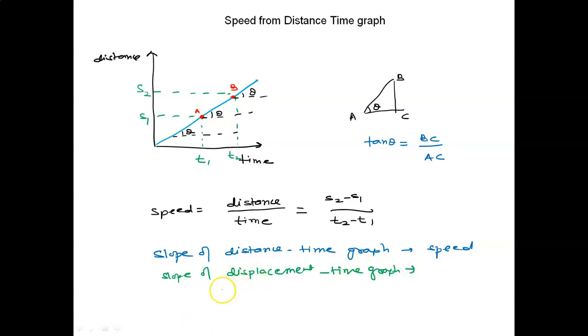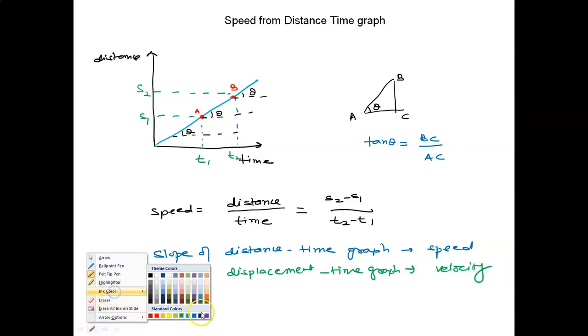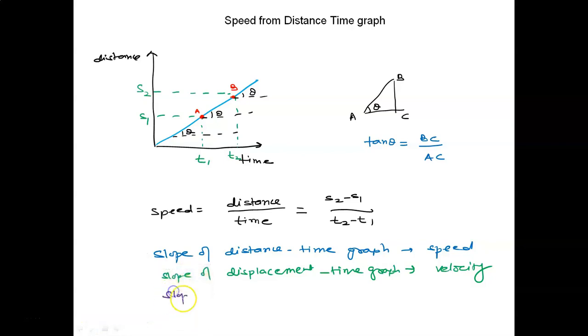Speed is distance upon time, velocity is displacement upon time. The slope of the displacement time graph gives the velocity. Slope of the velocity time graph, it will give you acceleration.